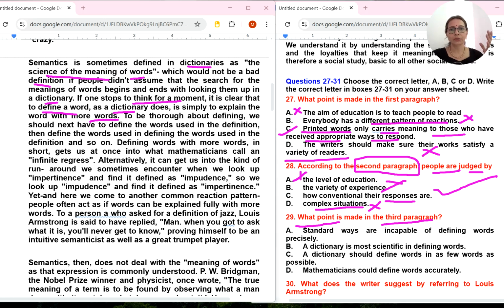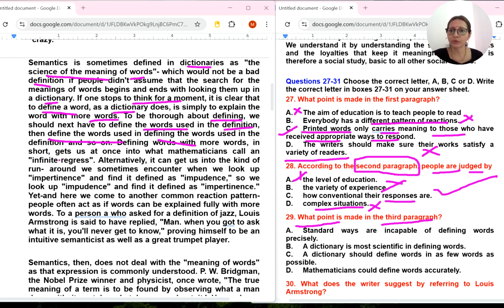They are talking about semantics, meaning looking into the dictionary for getting meaning. To be true about defining, we should next have to define the words used in the definition, then define the words used in the definition, and so on.